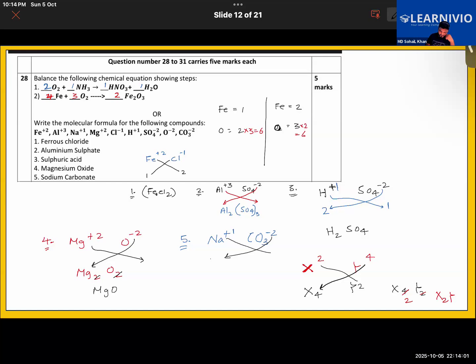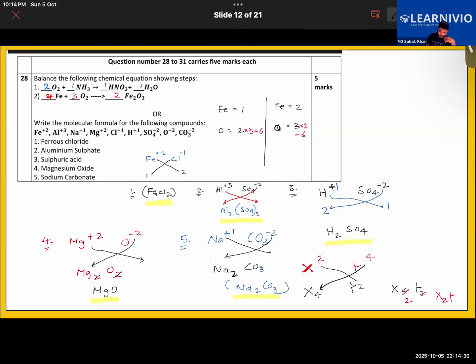Just write it as 2. We can write 1 here, but we are not going to. So that becomes Na2CO3. So these were your required answers: NaCl2, Al2(SO4)3, H2SO4, MgO, Na2CO3.